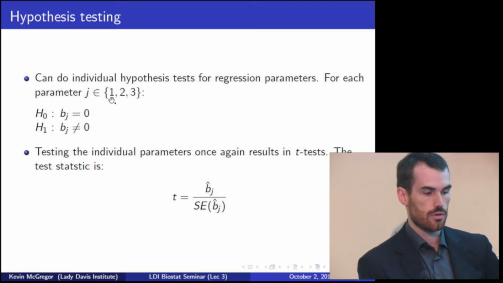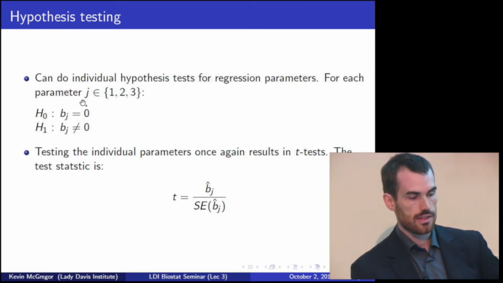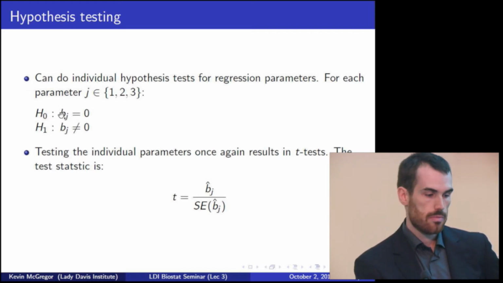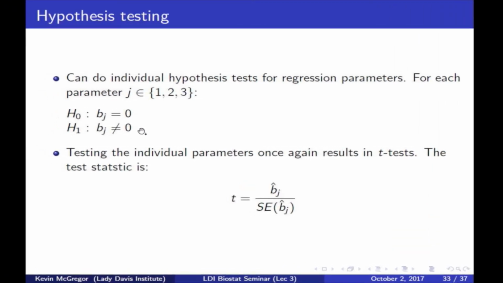For each of those predictor variables, our null hypothesis is that the slope term beta j is equal to 0, and our alternate hypothesis is that beta j is not equal to 0, so that there is a significant linear relationship between the jth predictor variable and the outcome variable. And once again, it turns out that we can just use a simple t-test to test this hypothesis. We have our estimate for the jth parameter divided by its standard error.